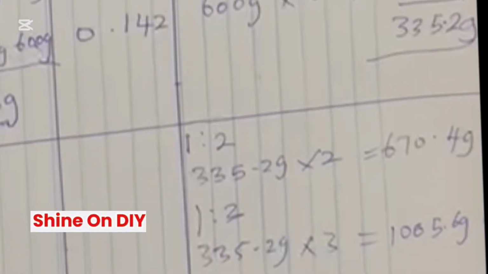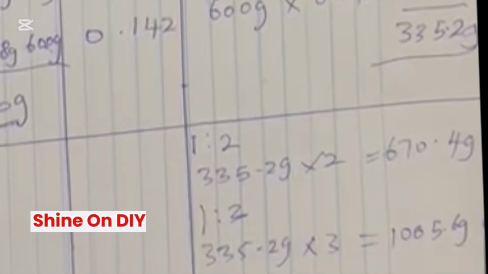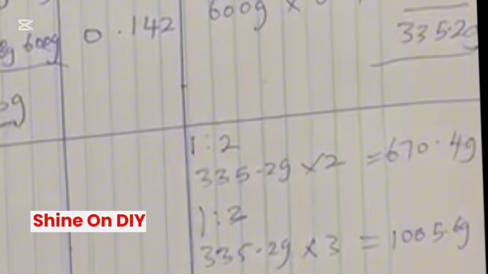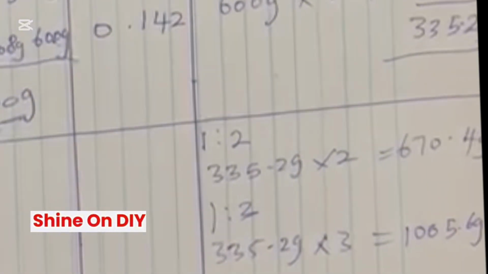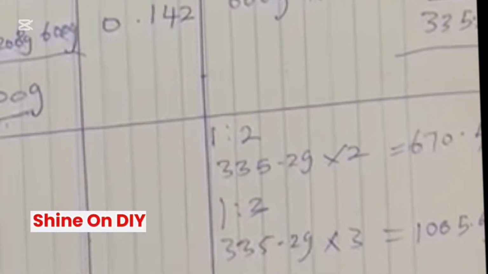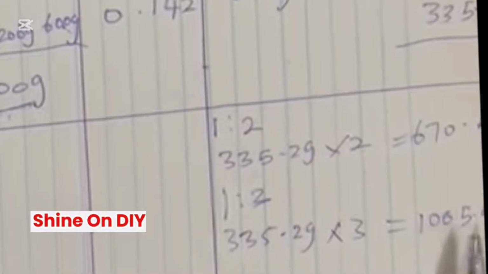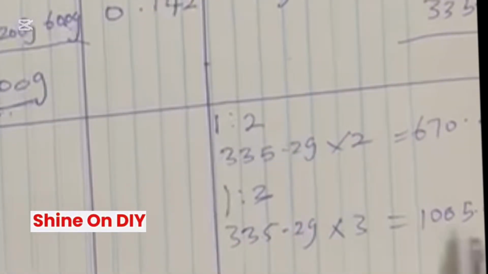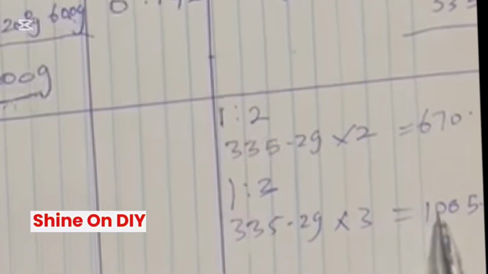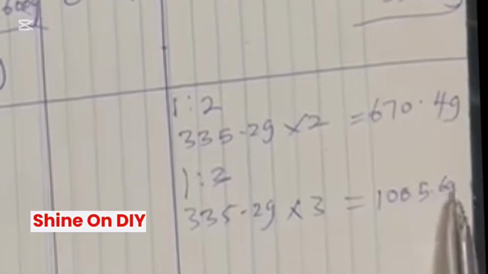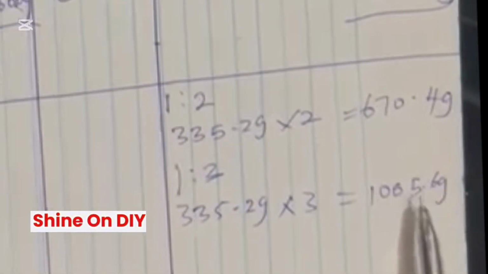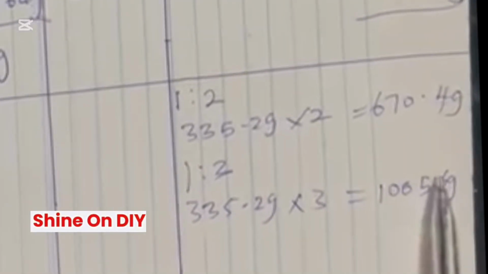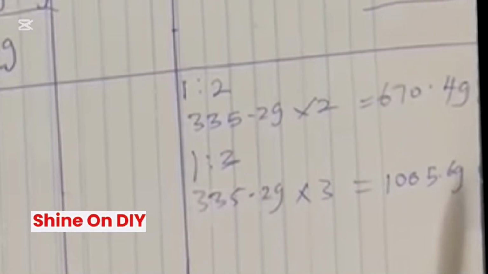Higher water means slower trace and easier mixing. This will give you more time for mixing. You can do a swirl design with this, because the water value has increased since we did 1:3. That means we'll be using 1,005 grams of water in this production. So it depends on what you want to achieve in each production.